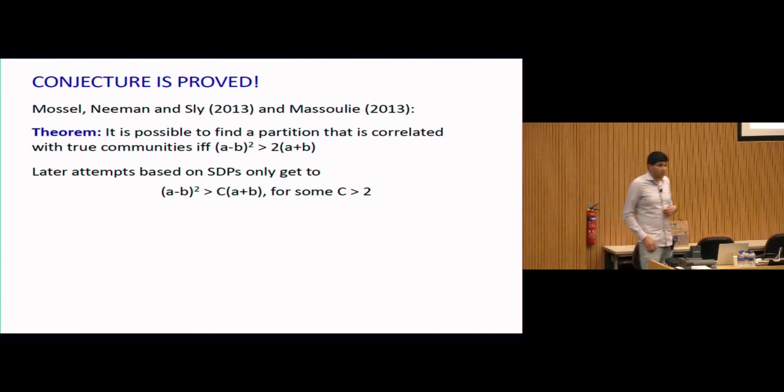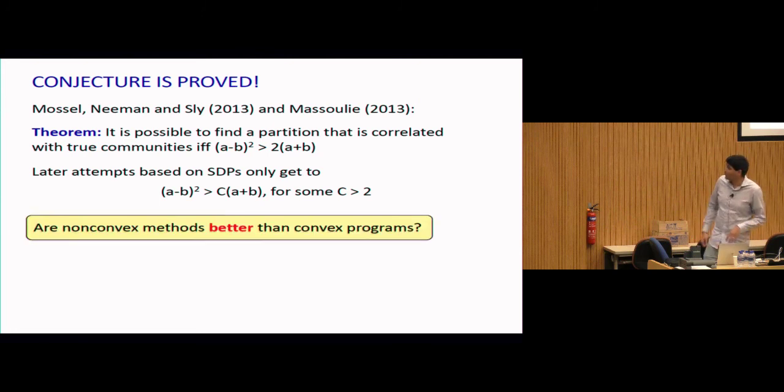My first attempt would have been based on semi-definite programs, which broad swaths of theory will tell you is about the best you can do for a large variety of problems, things like the unique games conjecture. But amazingly, approaches based on semi-definite programs were not able to get down to those same sharp constants. They could get partial recovery if (a - b)² was larger than C(a + b) for some constant C that's strictly larger than 2.